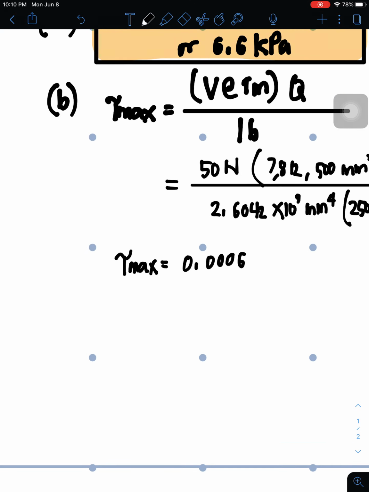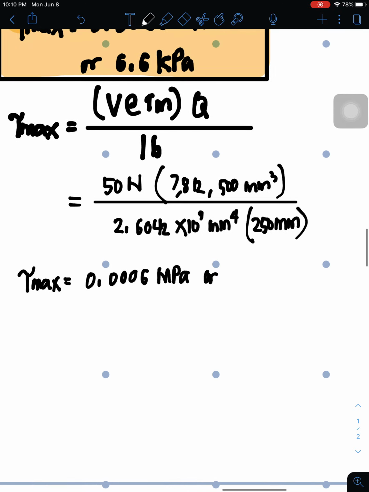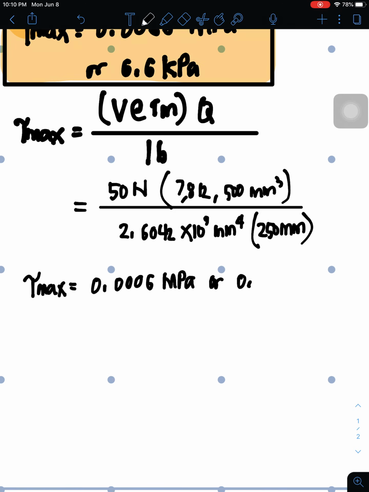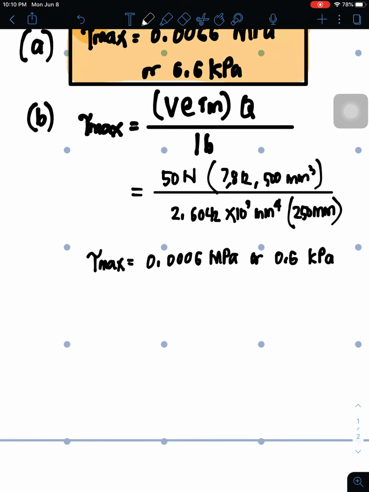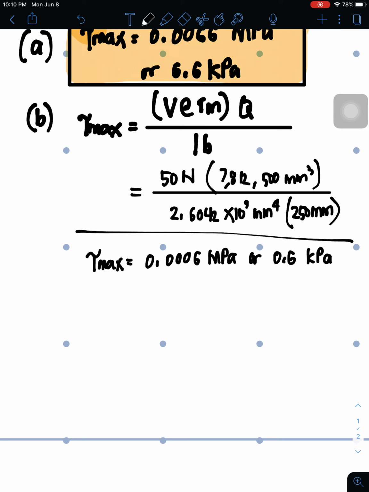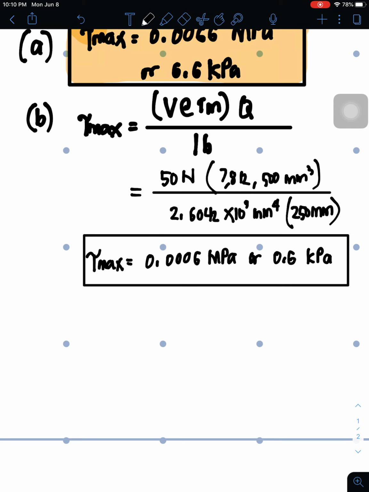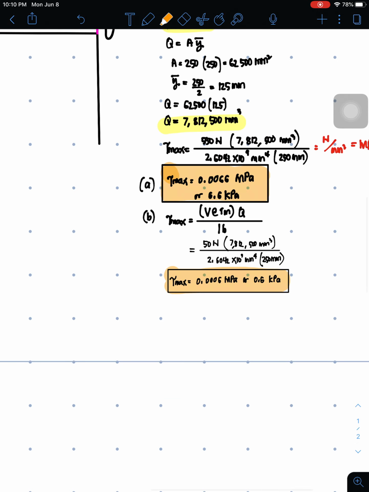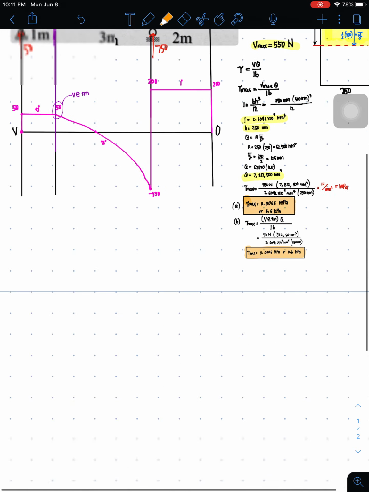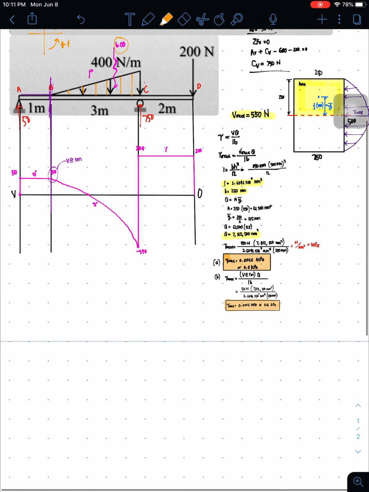Or in kPa, you multiply by 1,000, it's just 0.6 kPa. Or that's in kilopascal. So this is our answer, the shear stress at 1 meter from the left support.